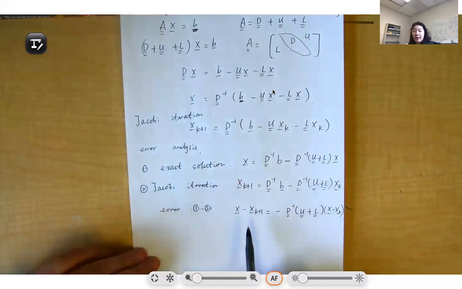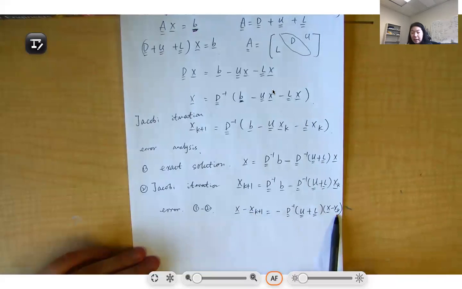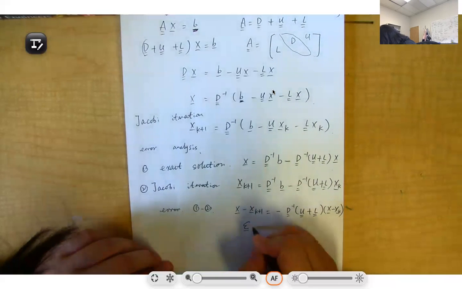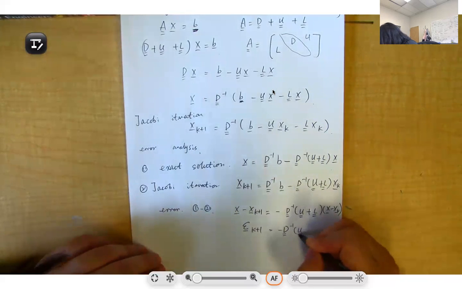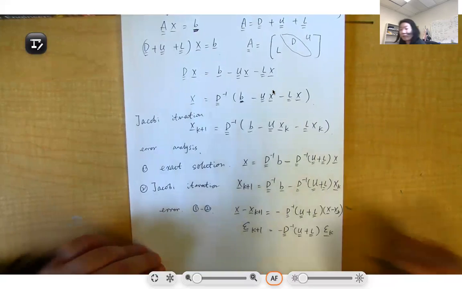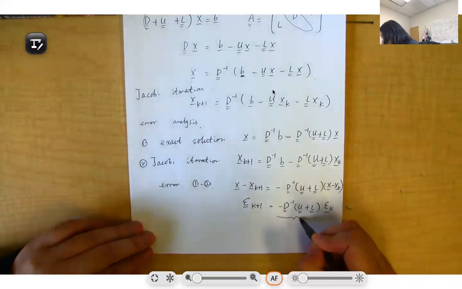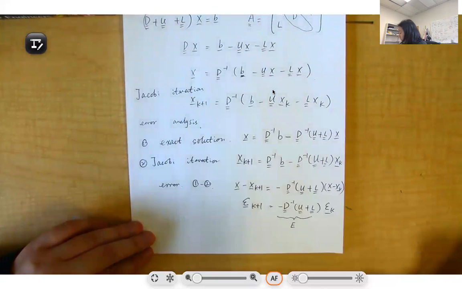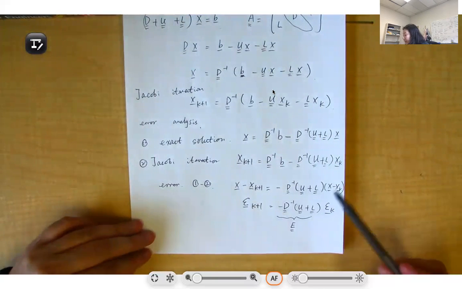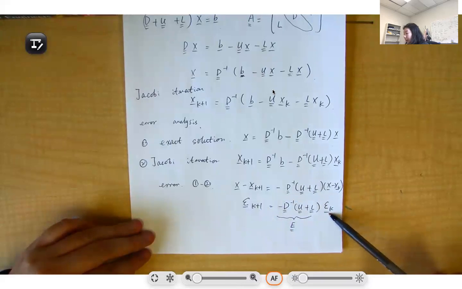We can use e to represent the error: this is the error at the next step, and this is the current step error. So the error at the next step equals negative D inverse (U plus L) times the error of the current step. Let's call this new matrix E. So the error for the next step equals this E matrix times the current error.